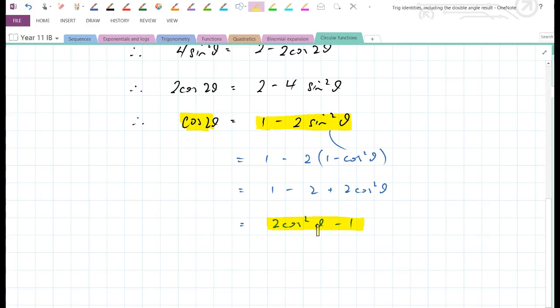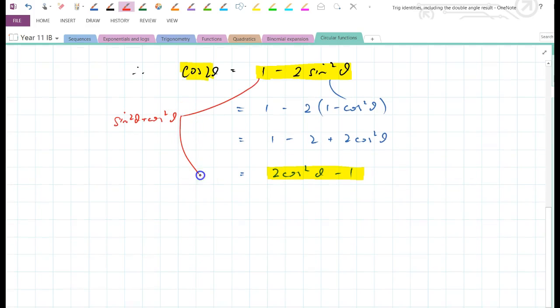And we're going to come up with one more, and this one's going to use the fact that 1 is equal to sine squared theta plus cos squared theta. Right, so we're going to bounce that down here, and so we're going to get another result that says sine squared theta plus cos squared theta minus 2 sine squared theta.